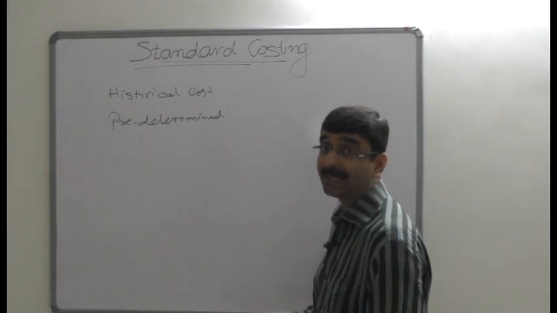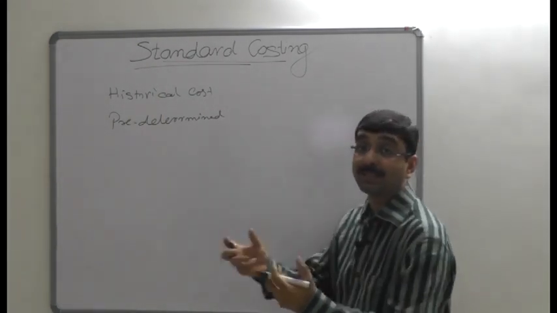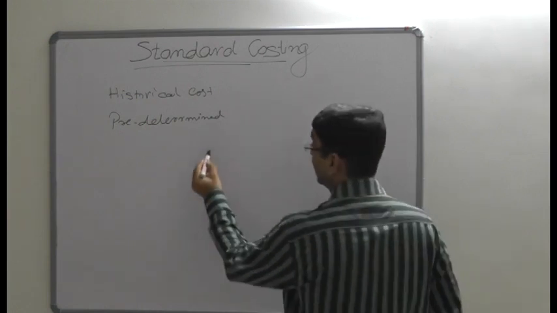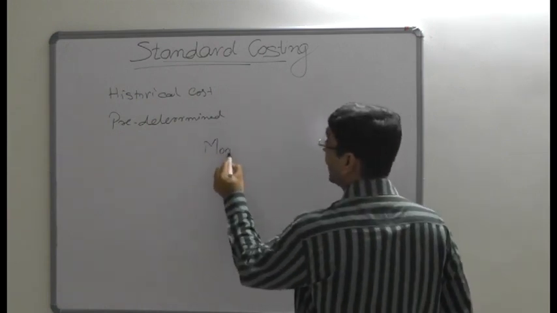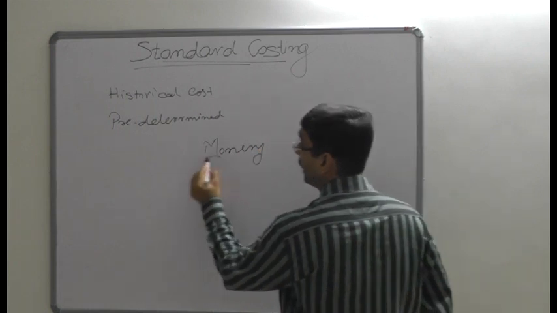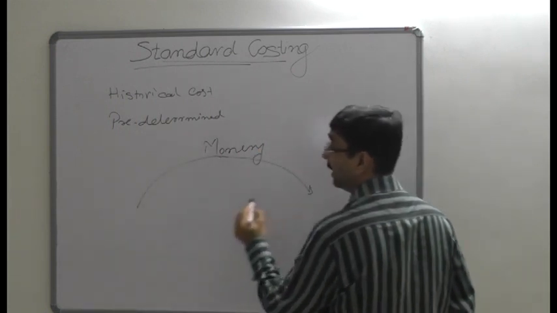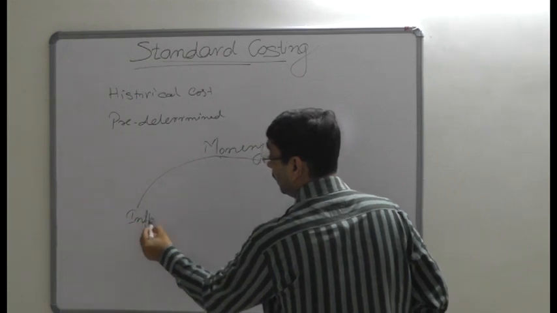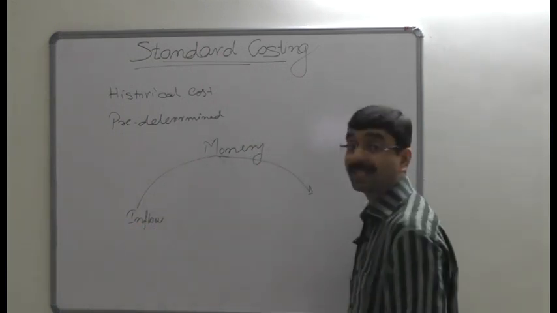Now, if you want to understand how this transaction moves for standard costing, it looks like this. The money is generated in some way, then it comes from different transactions.